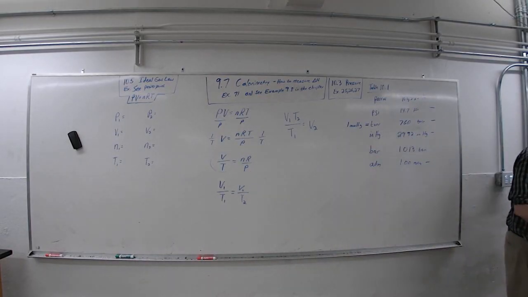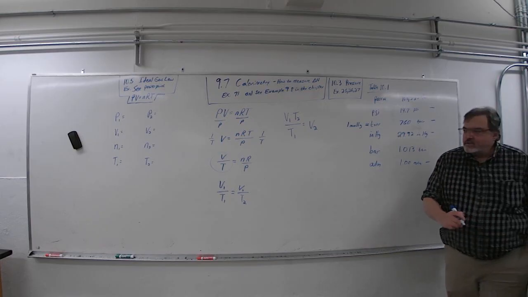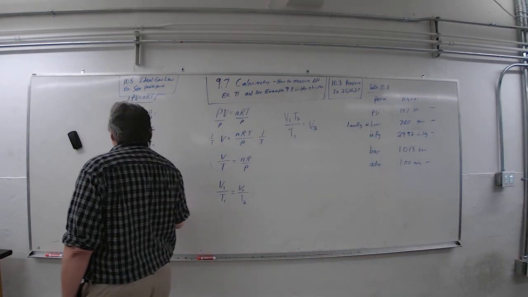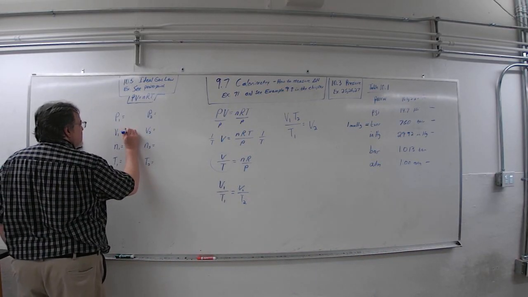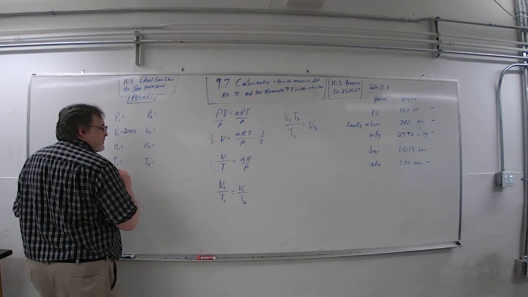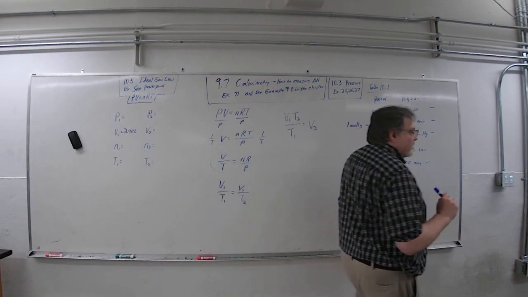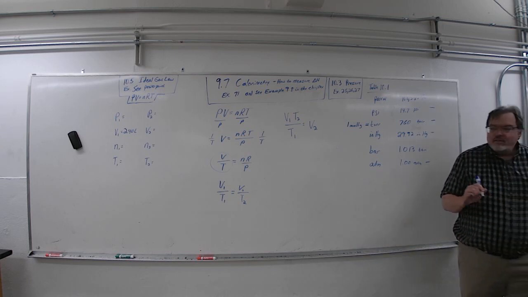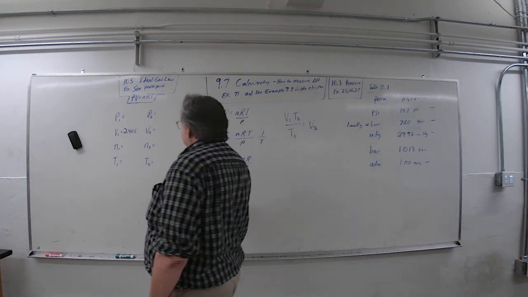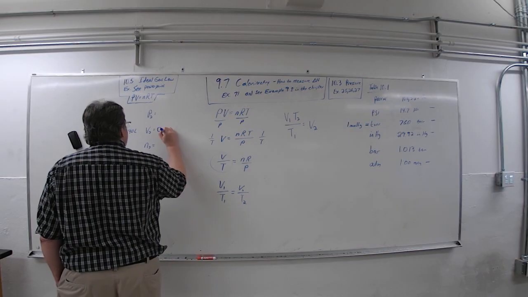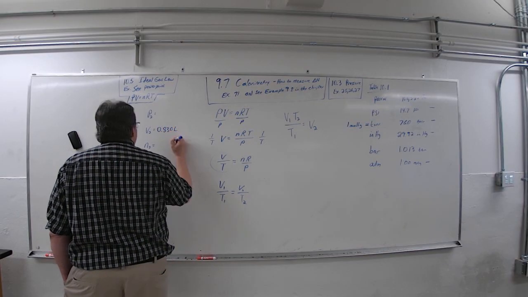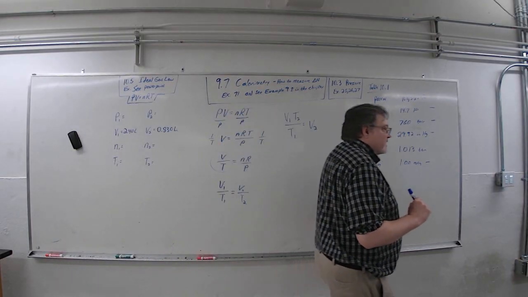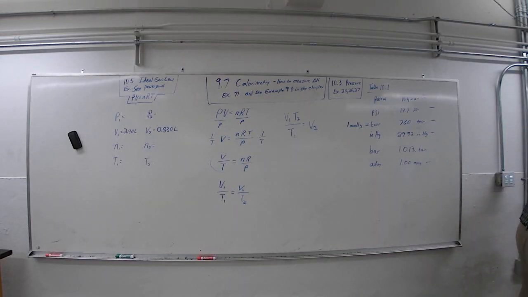Let's identify what we got here. The volume of gas is decreased from 2.40 liters to 0.830 liters. So this is slide number 4.